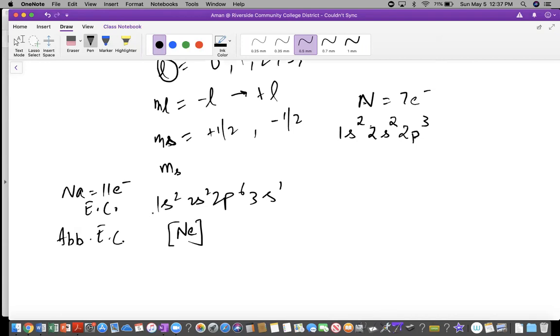So neon basically has taken all of these electrons, and you're left with 3s1, so you just say 3s1. So both of these are electronic configurations of sodium. One is the abbreviated version, and one is the complete detailed version. The first that we wrote is the detailed one, and this one is the abbreviated one.